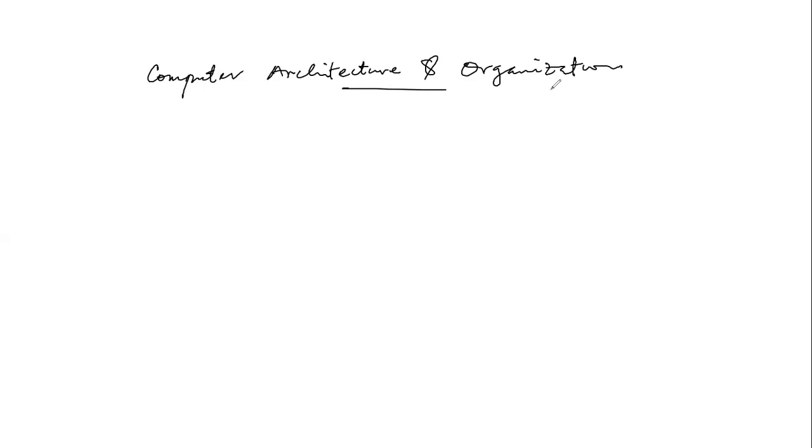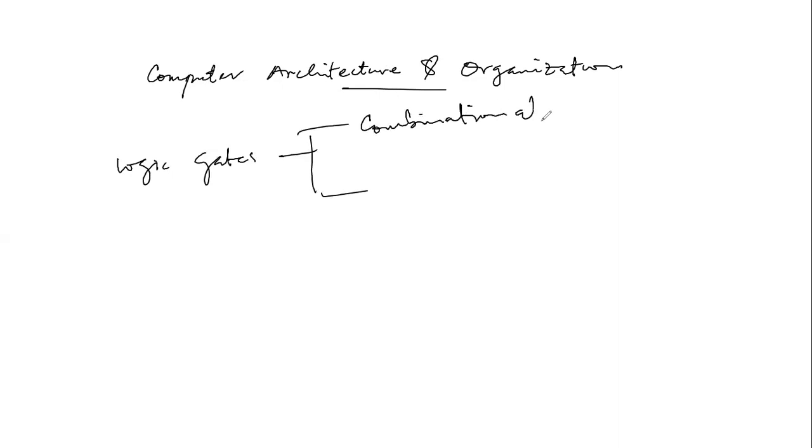So from the logic gates, we could design our other devices. And we know for our logic gates, we have two parts to it, the combinational circuits, and then we have the sequential circuits, right?